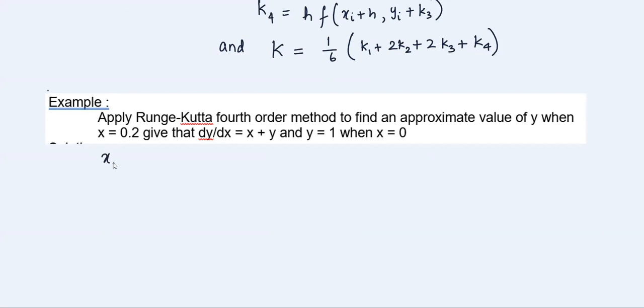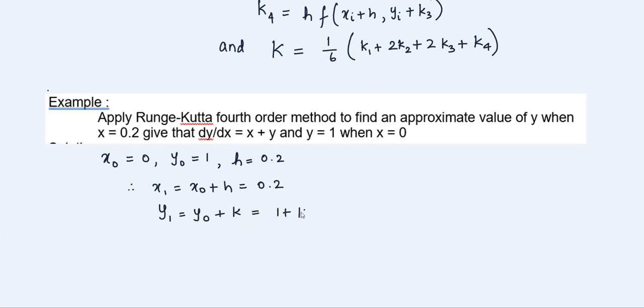Unlike Euler's method, we don't have to do it in steps. Now h is equal to 0.2. Therefore x1 is x naught plus h, equal to 0.2. To find y1, y1 is y naught plus k, which is 1 plus k. This k we have to find.